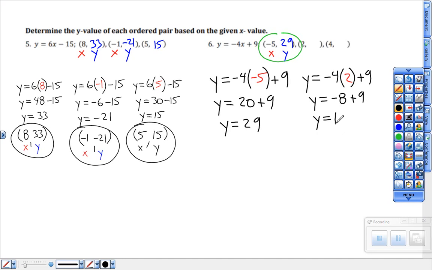So that one, when I plugged in x is 2, y equals 1. And again, you could write those coordinates just like that. You can write the coordinates under here. When x was 2, y is 1. I'm sorry, that should be a 1 up there.